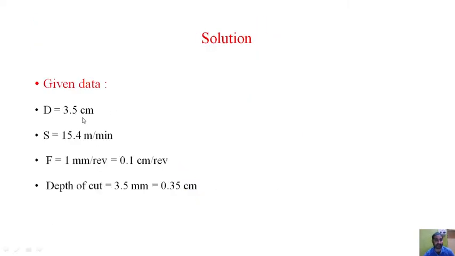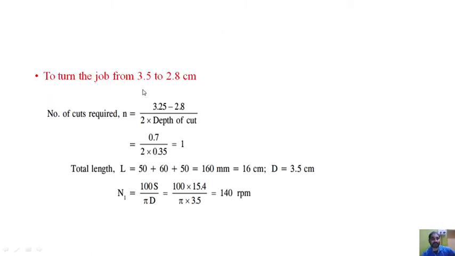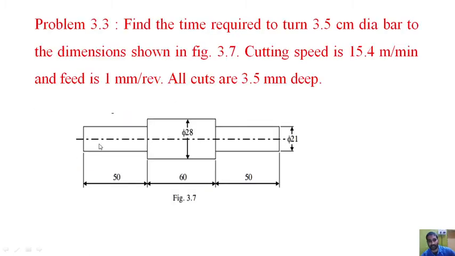Given data: D is 3.5 cm, cutting speed 15.4 meter per minute, feed is 1 millimeter per revolution, so convert it into centimeter per revolution. Depth of cut is 3.5 millimeter, 0.35 centimeter. Number of cuts required: first operation, to turn the job from 3.5 to 2.8 centimeter for the whole length, because all this dimension first has to become 28.